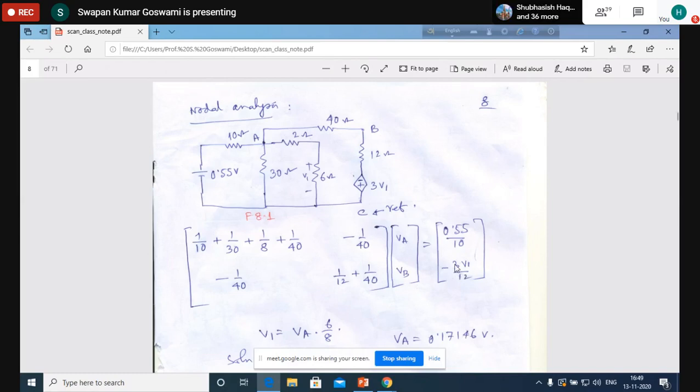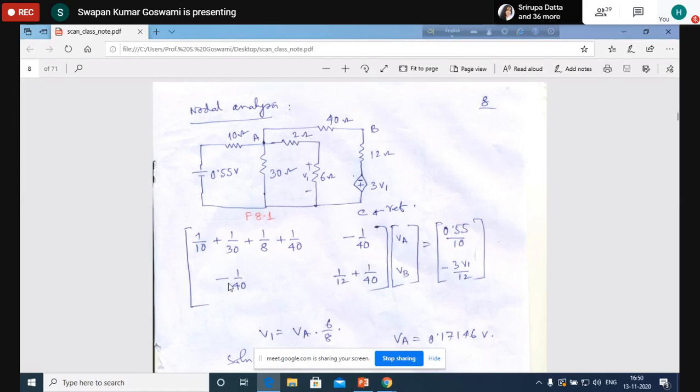It will be minus 3V1 by 12, meaning minus 40 into VA plus 1 upon 12 plus 1 upon 40 into VB equal to minus 3V1 by 12. This is the full equation.